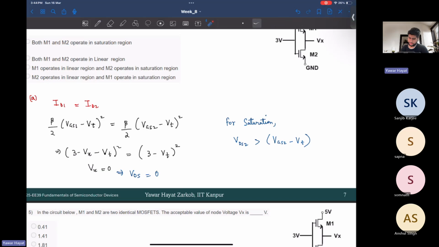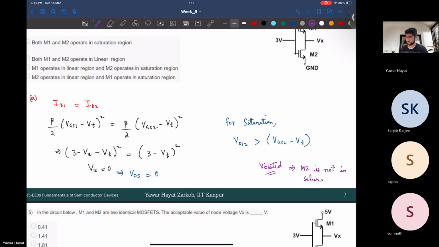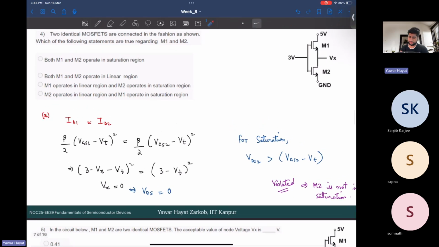Why? Because VDS2 comes out as 0. So this implies that M2 is not in saturation. Because we did assume that MOSFET 2 is in saturation, that is a wrong assumption that we took.